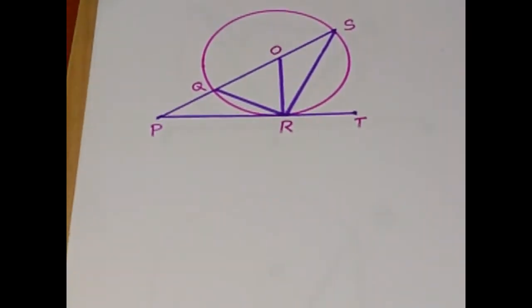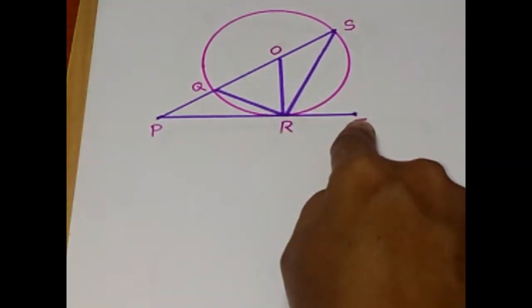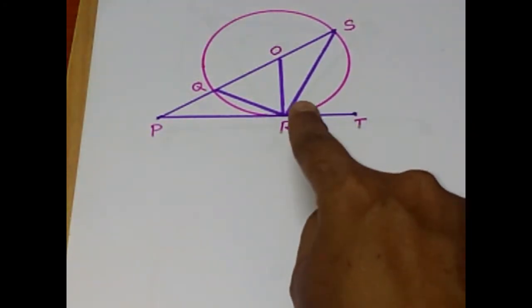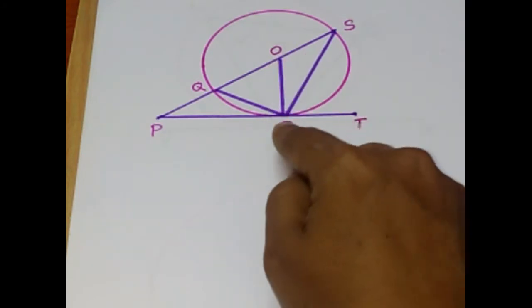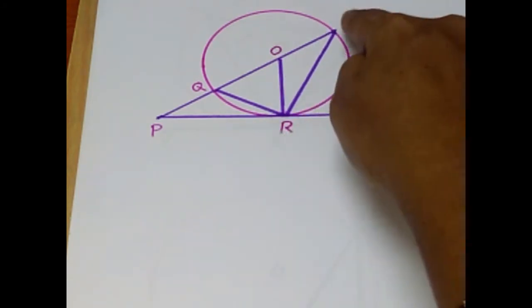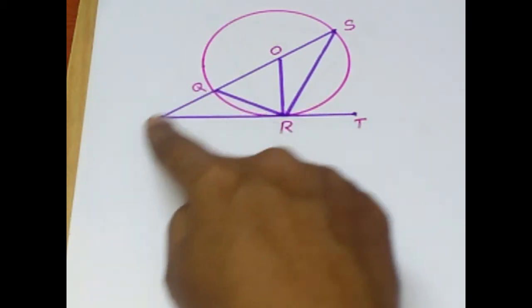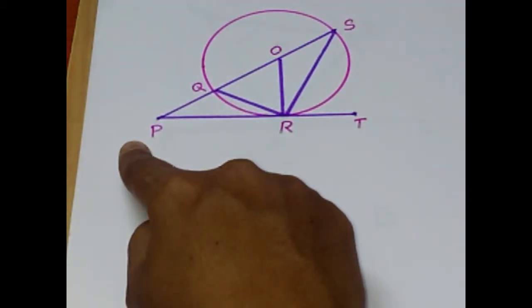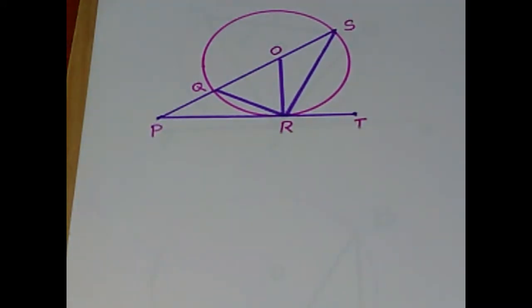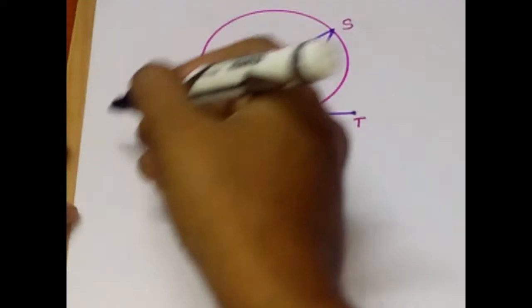Observe question number 21 carefully, children. In the given figure, PT touches the circle with center O at point R. Diameter SQ is drawn and it is produced to meet TR at P. Given angle SPR is equal to X. Let us mark the angle.